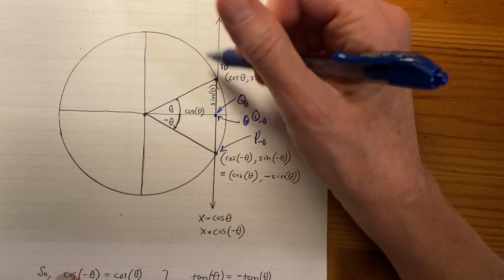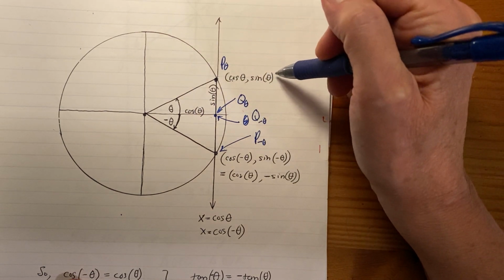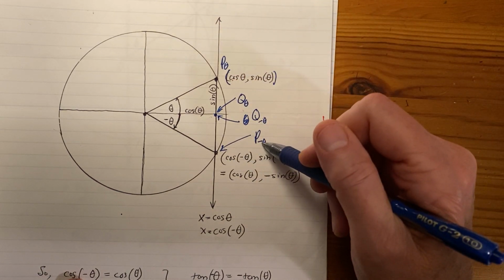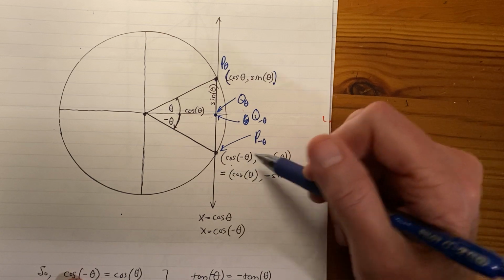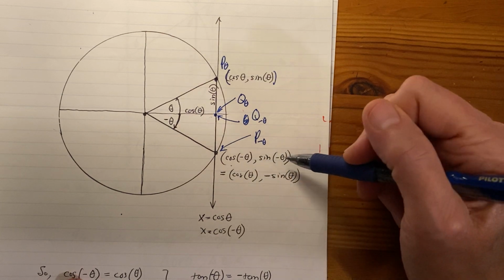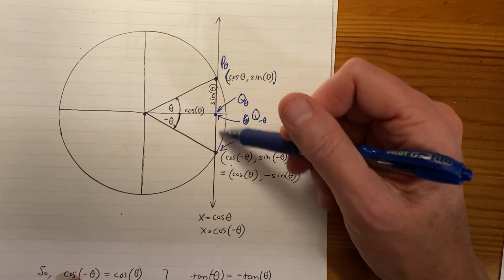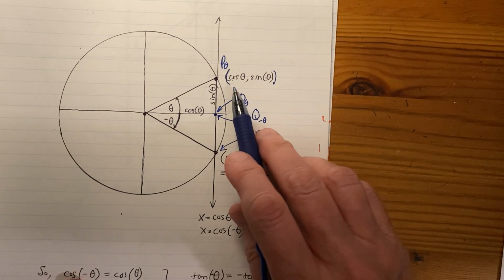Another way of looking at it is the points p sub theta with coordinates cosine theta, sine theta, and p sub opposite of theta with coordinates cosine of the opposite of theta, sine of the opposite of theta. Those are on the same vertical line. You could say the equation of that vertical line is that x is equal to the cosine of theta.